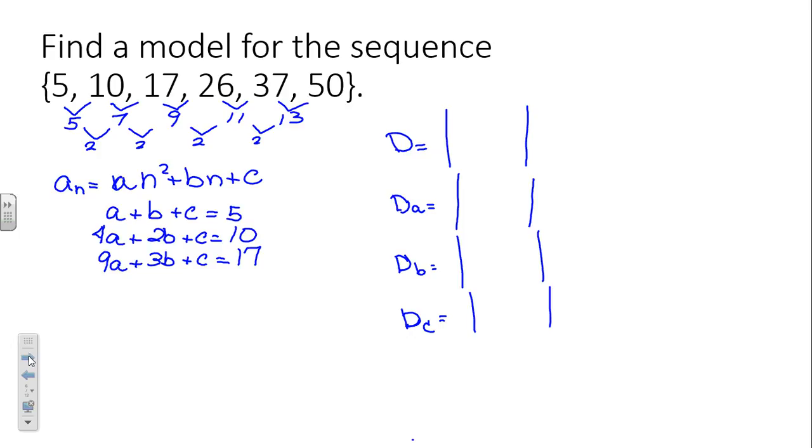Okay, coefficient matrix is 1, 1, 1, 4, 2, 1, and 9, 3, 1. Okay, so rewriting our diagonals. And then we're going to get 1 times 2 times 1, 1 times 1 times 9, and 1 times 4 times 3, negative 18, switching the signs.